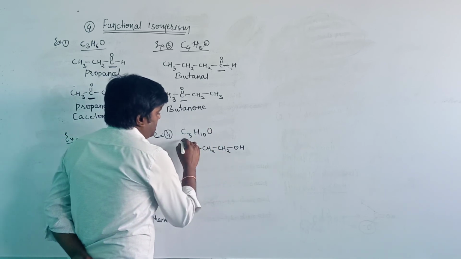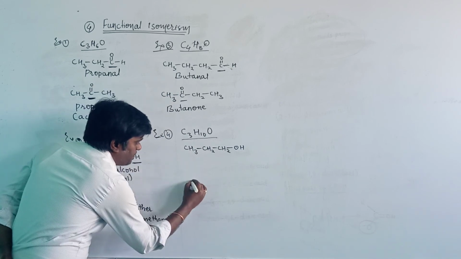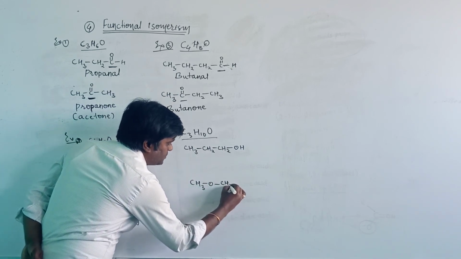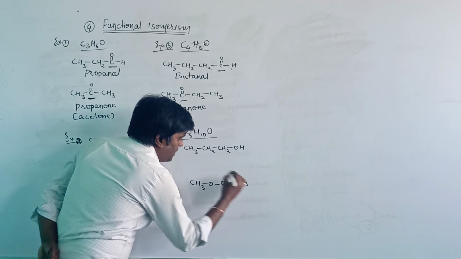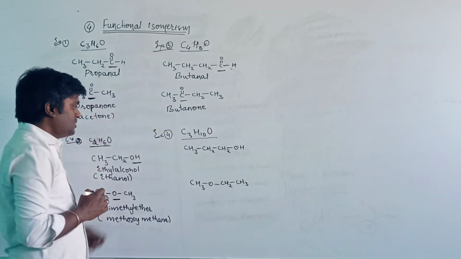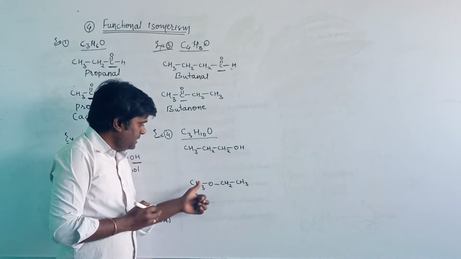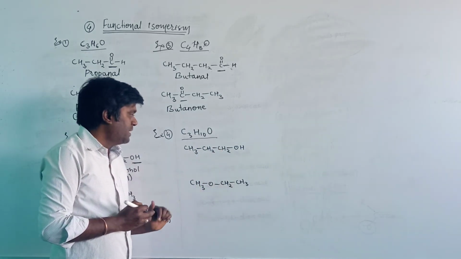We can represent it in another way, that is CH3 O CH2 CH3. When we compare both the compounds, in this first compound the number of carbon atoms is 3 and here also the number of carbon atoms is 3.